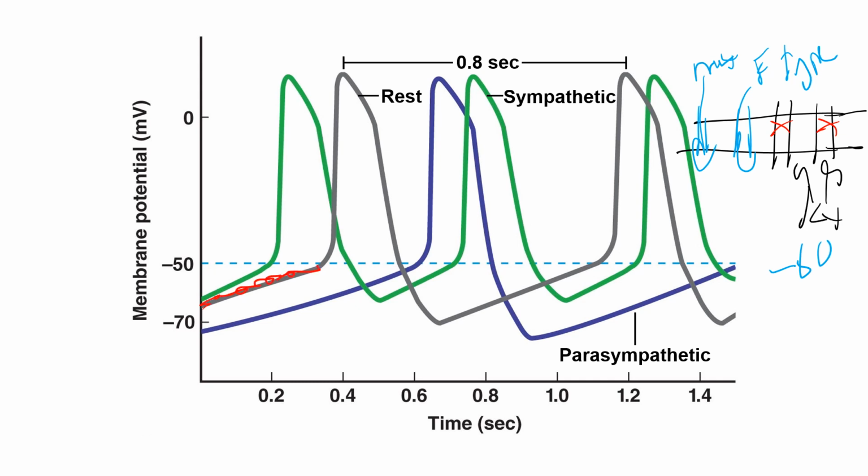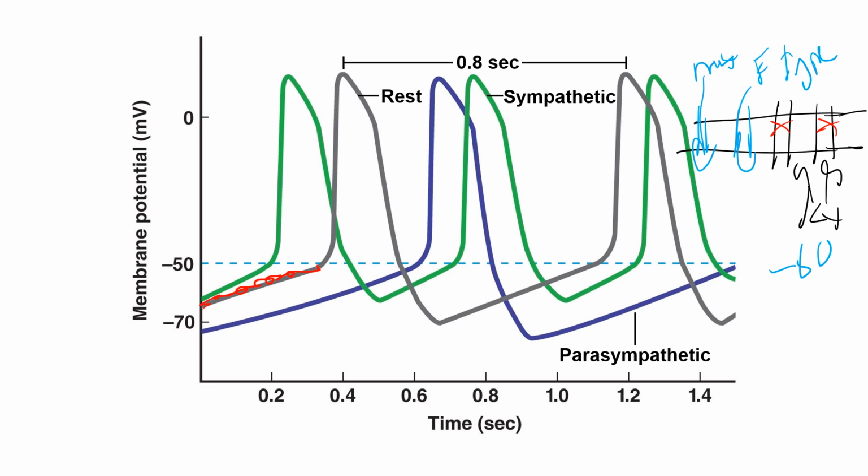But what if there were more potassium channels open than typical? Because that's what the parasympathetic nervous system accomplishes. When the parasympathetic nervous system is activated, the parasympathetic neurons are generating action potentials, releasing acetylcholine onto the SA node fibers. And that acetylcholine binds to muscarinic cholinergic receptors.